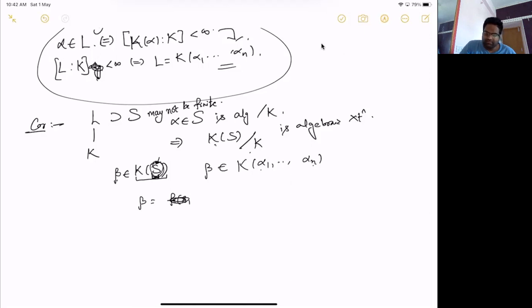So if you consider all those elements which appear in this expression of beta, there exist alpha 1 up to alpha n such that beta belongs to this. And each alpha i is algebraic, because each element of S is algebraic over K by hypothesis. Now, this whole thing is an algebraic extension, and therefore beta belongs to this algebraic extension, and therefore beta is also algebraic.